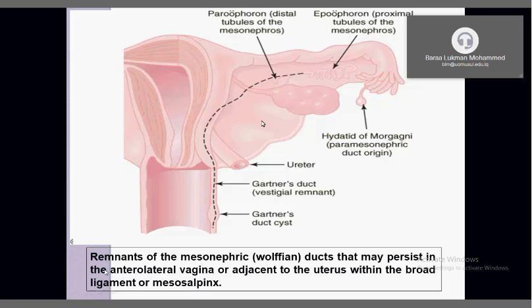So you can see this is the pathway of the original Wolffian or mesonephric duct. This degenerates apart from some remnants, which are either the epoophoron, which is the proximal tubule of the mesonephron, the paroophoron, the distal tubule of the mesonephron, running along the fallopian tube and uterine wall, and the Gartner duct cyst, which is usually found along the side wall of the vagina.